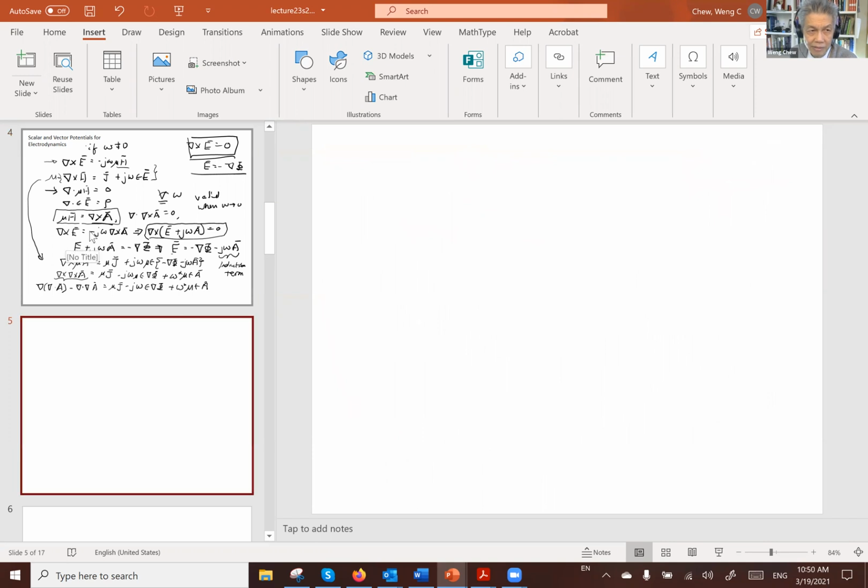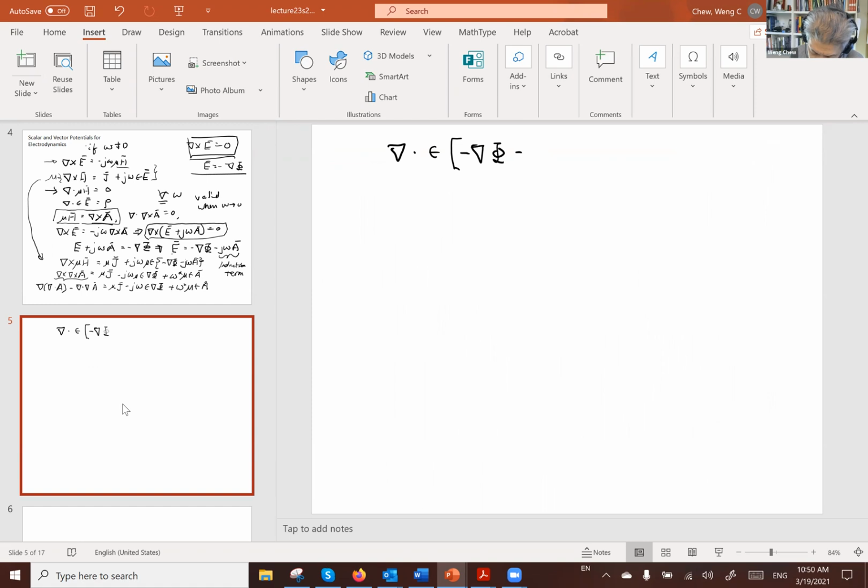This last equation is Gauss' law for the electric field, but it is also related to Coulomb's law. So let's plug in the definition for the electric field into the last equation. So we would have the divergence of epsilon E, but E is now minus the gradient of phi minus j omega A. I take my E from here, plug it into the last equation, and have this being equal to rho.